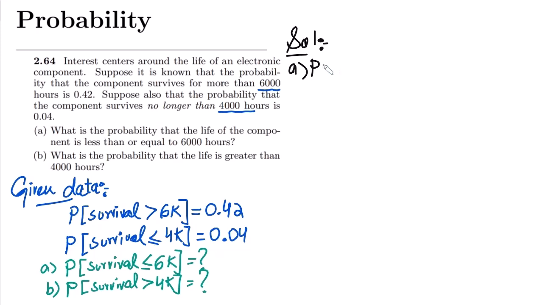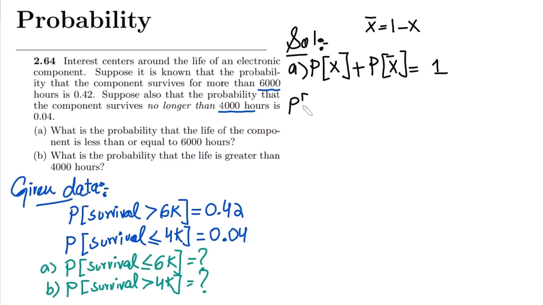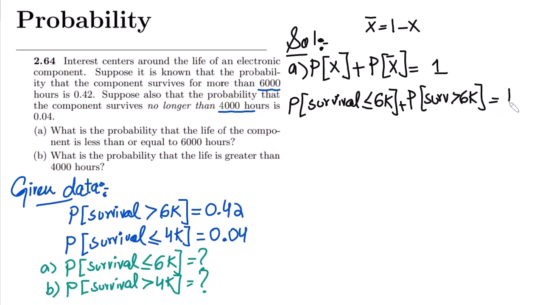Similarly, if you want to find the probability of the event X, the probability of X prime is 1 minus the probability of X. Portraying the same fundamental concept here, for part A, the probability of survival less than or equal to 6,000 hours plus the probability of survival greater than 6,000 hours must be equal to 1.